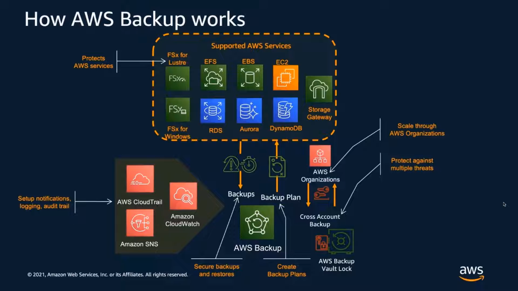We have also recently introduced AWS Backup Vault Lock, which is a new feature in AWS Backup that allows you to apply a retention lock on your backups to protect against malicious attacks as well as accidental actions that may change your backup lifecycle or delete them.